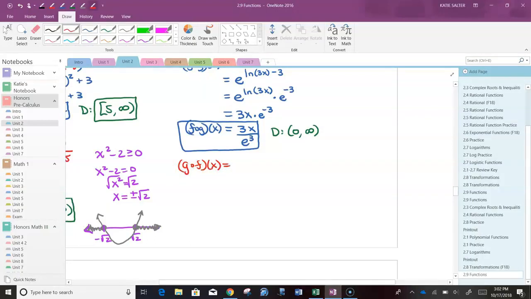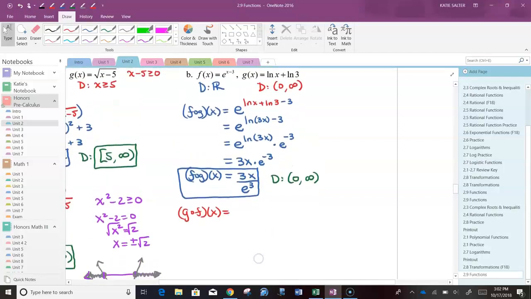So we're now going to substitute the f function inside our g function. So we're going to have the natural log, there's our x, so that's where we're going to replace that with e raised to the x minus 3, plus the natural log of 3. In this case, it's a little simpler because we can immediately take that power of x minus 3 and drop it down in front.